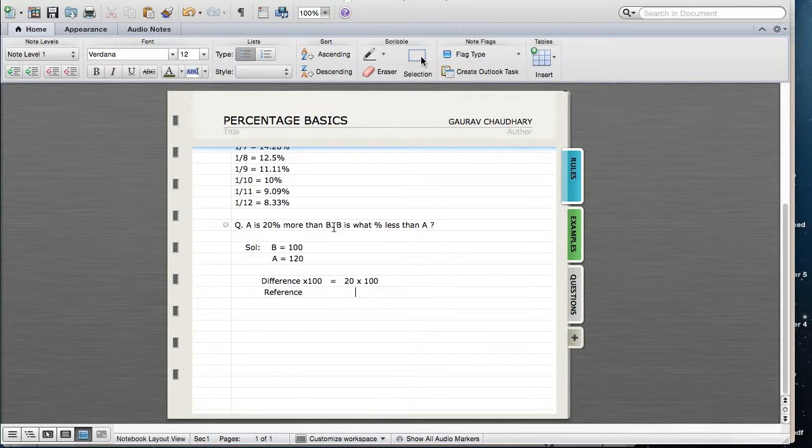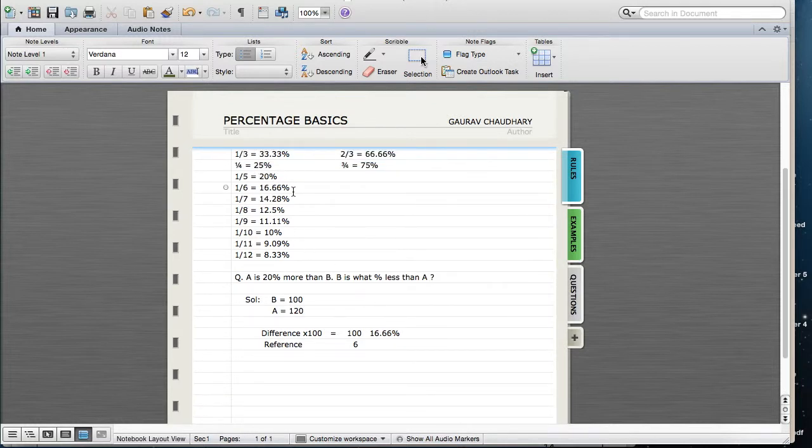In the second case, you have to find B is what percent less than A, so the reference is now A. If we solve it, 0 gets cancelled by 0 and this gets cancelled by 6. So the answer is 16.66%. I hope you all remember the fractional equivalent of 1 by 6, which is 16.66%.